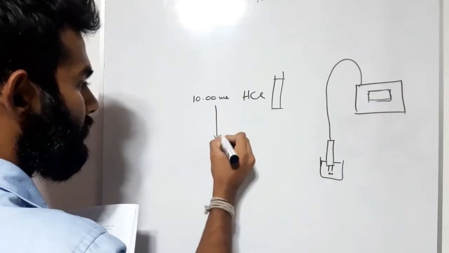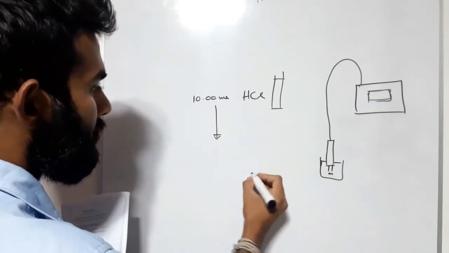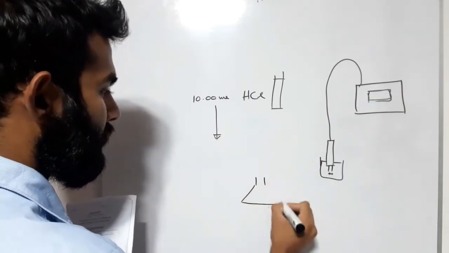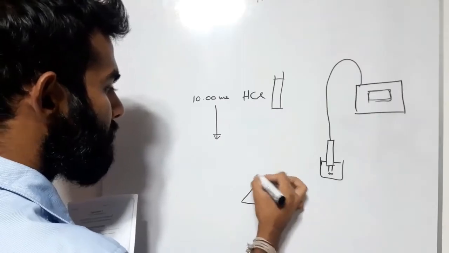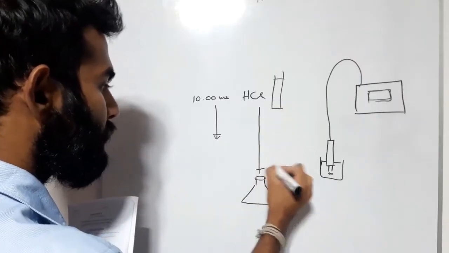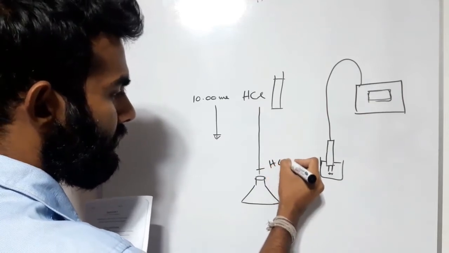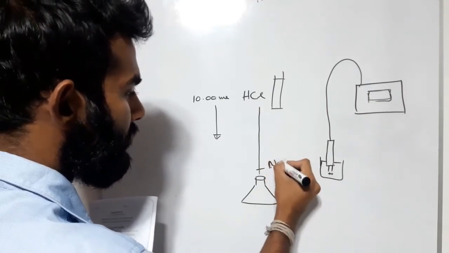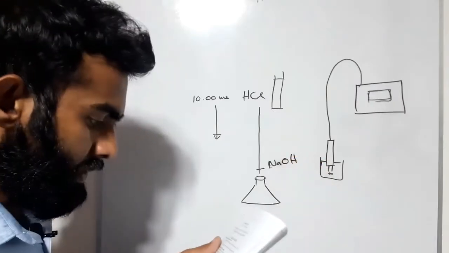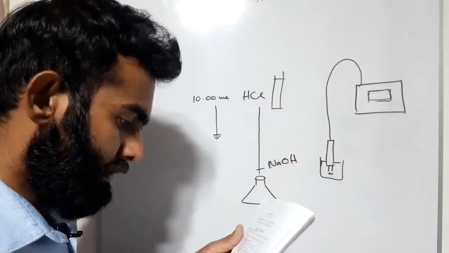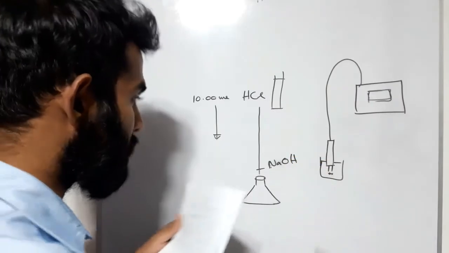We will keep this 10 ml HCl in a conical flask or titration flask. Here our burette will be filled with NaOH, sodium hydroxide. The concentration will be 0.1.